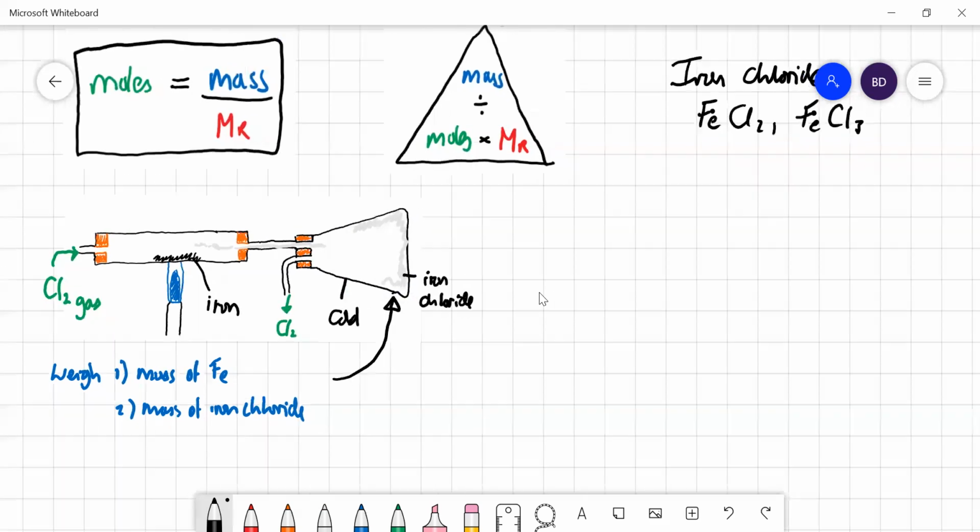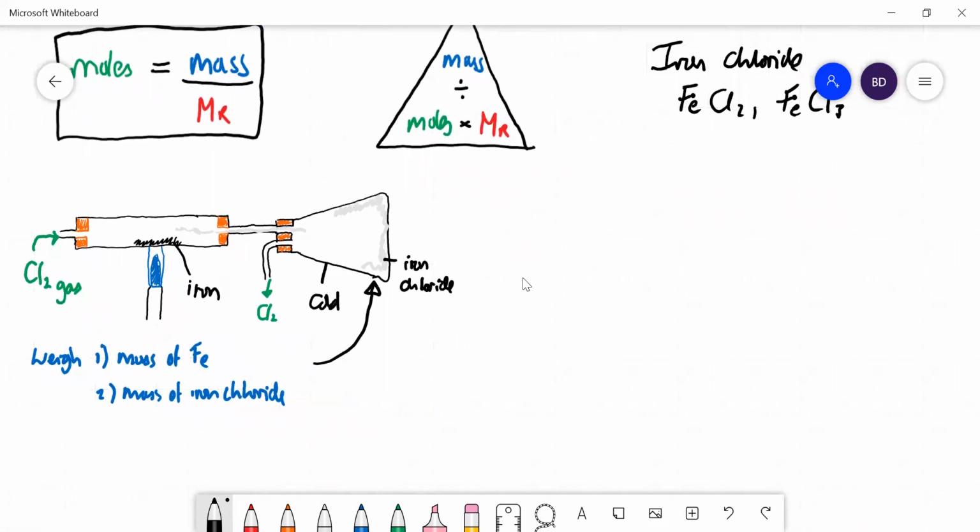The two possibilities are, we could have Fe plus Cl2 goes to FeCl2, iron 2 chloride. That equation is balanced. We don't need to do anything there. Or the alternative is you made iron 3 chloride, with Fe plus Cl2 goes to FeCl3.